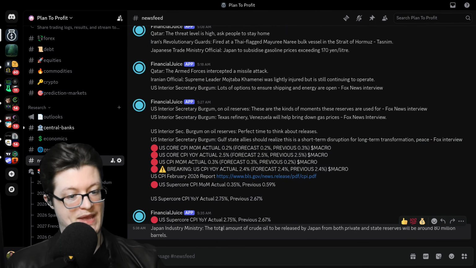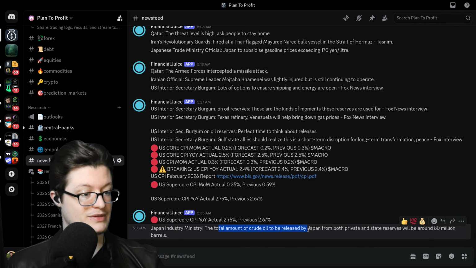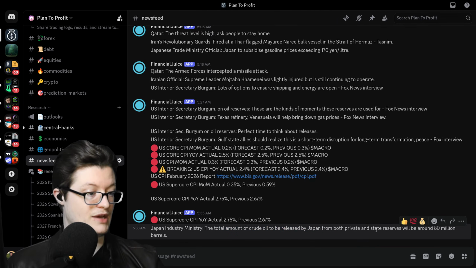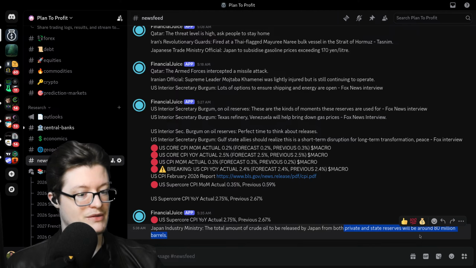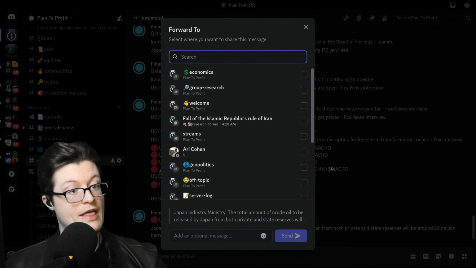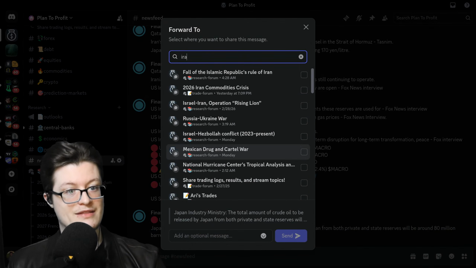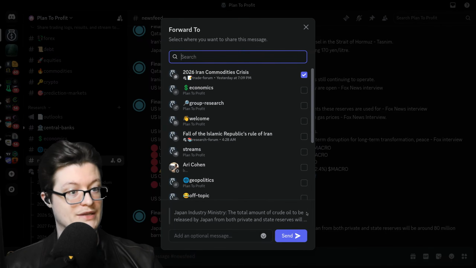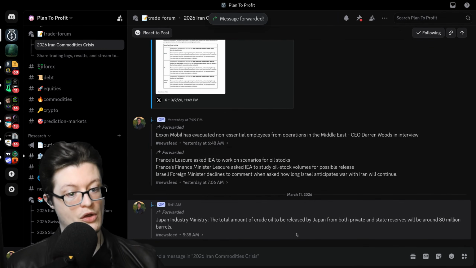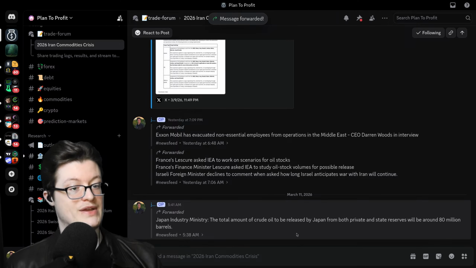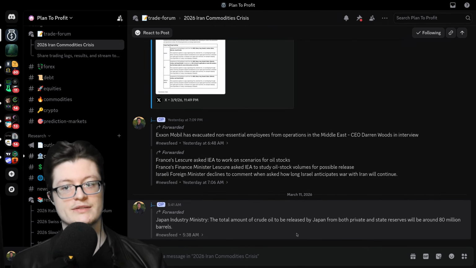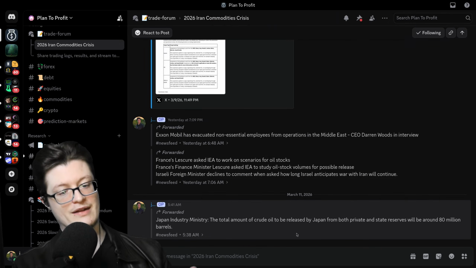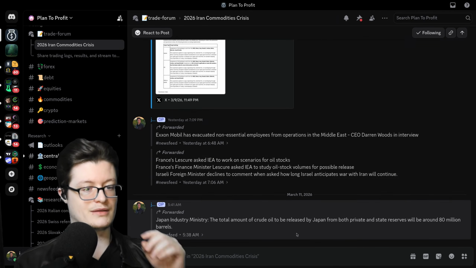And then Japan says total amount of crude oil to be released by Japan, by both private and state reserves, will be around 80 million barrels. I actually need that in the Iran commodities crisis thread because this is where we're watching all the countries react to the commodities crisis, how they are getting involved, what are they doing.